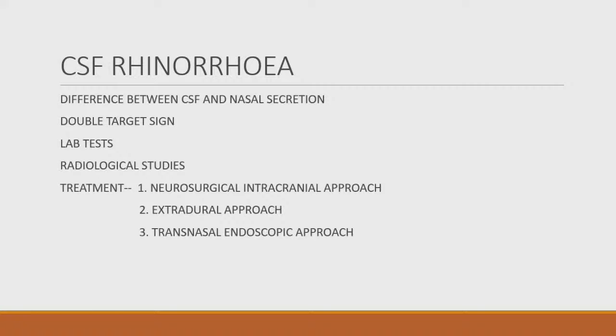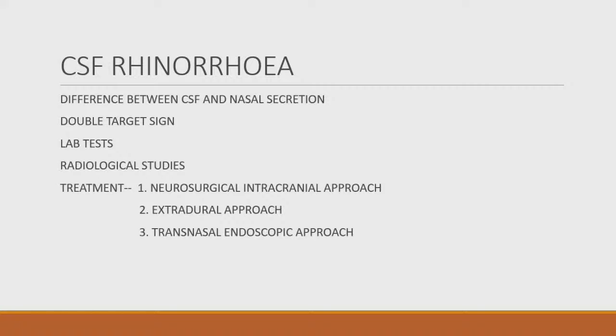Lab tests, that is detection of beta-2 transferrin and beta trace protein, are done to detect CSF. Radiological studies, that is CT scan and MRI scan, can detect any fracture, CSF leak or herniation of brain parenchyma. A fluorescein study can also be done. 5 to 10% fluorescein is injected into 10 ml of CSF, and that is injected through lumbar puncture.